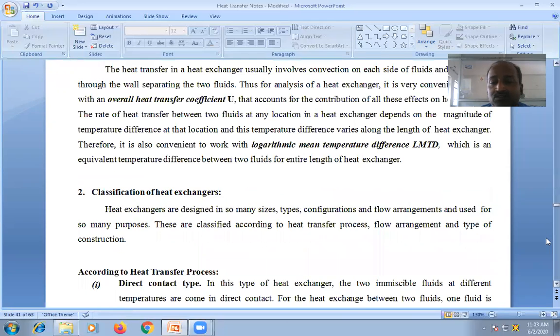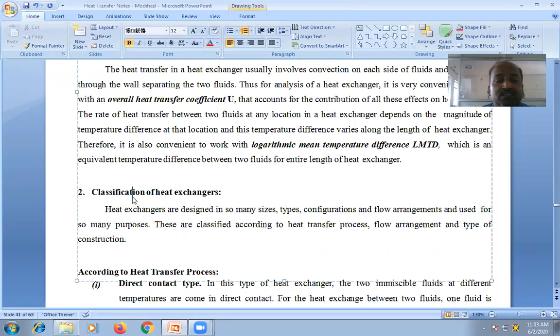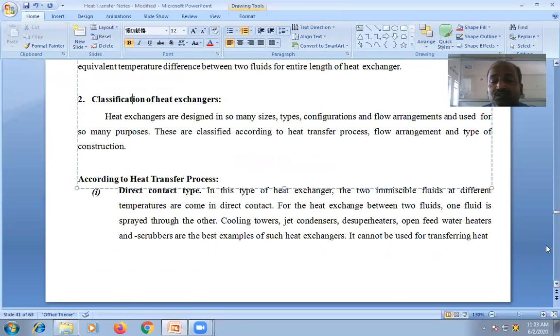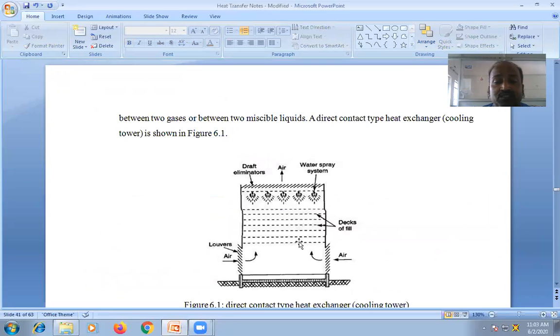Okay. So how to classify? Direct contact type. The classification of the heat exchanger you can see here. For direct contact type, I can show the diagram. Here we can see that air is moving towards the upper side and water is sprayed. So it is direct contact.